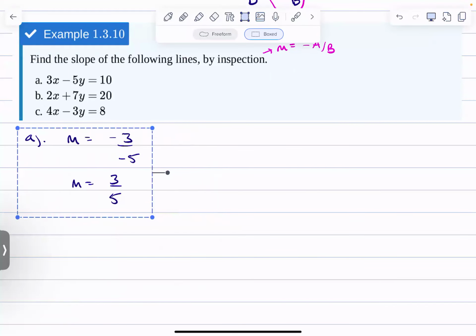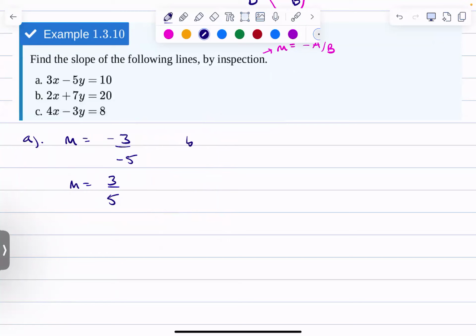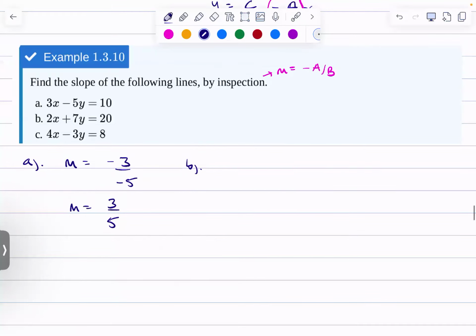Let's inspect the next one. I have an a and I have a b, and we want to find the slope. And so I have negative 2 over 7. The only thing you need to check if you're using this method, which is just another method to have up your sleeve, is you do have to have it in the form of ax plus by is equal to c.